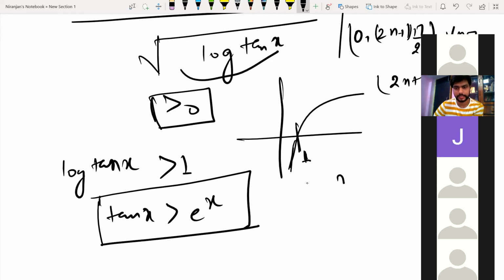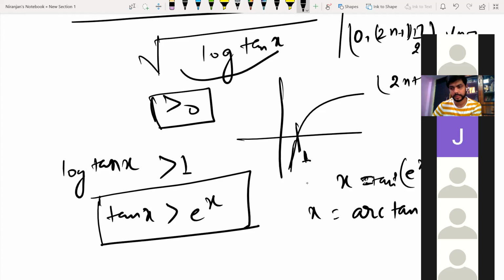So if I take x equal to e to the power x, arc tan of e to the power x, where e to the power x is always positive, so it ranges from 0 to infinity, right?